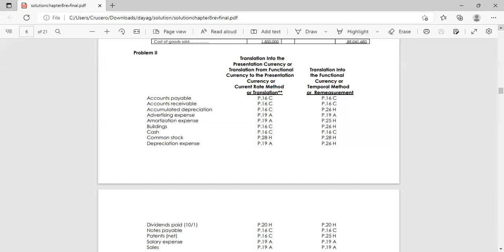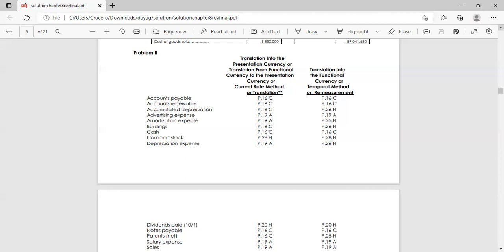For income statement, sales, purchases, expenses, and income items that result in outflow or inflow of monetary items under method 1, we use the historical rate or the actual rate. However, for practical purposes, an average rate may be used on the assumption that the items are evenly spread out over the period.